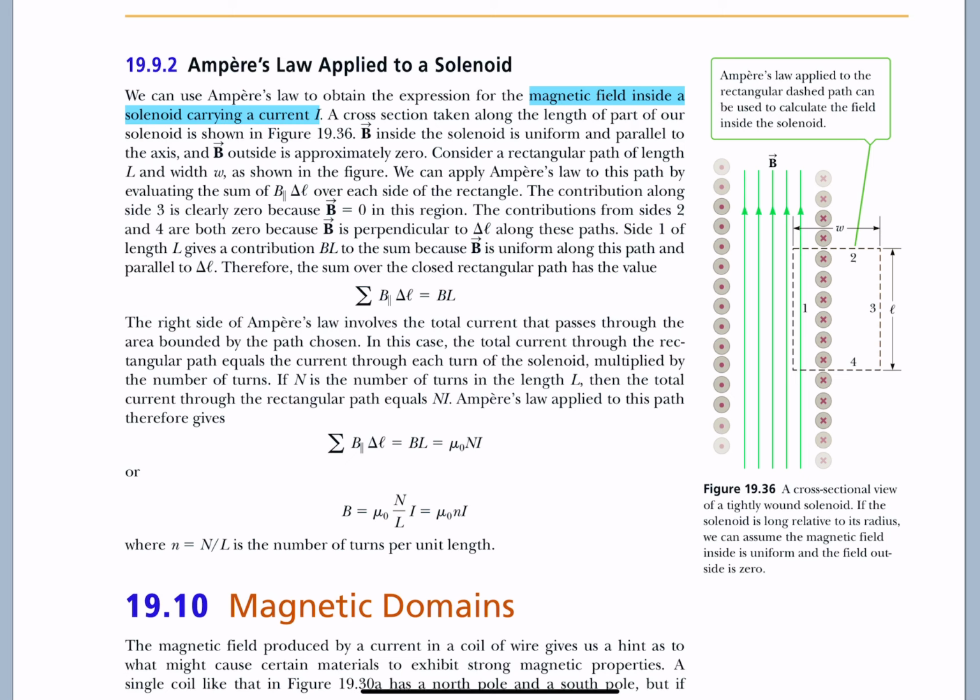And the magnetic field will be going from the north at the bottom of the picture to the south at the top. By convention, magnetic fields go from north to south, hence the direction of the green arrows.